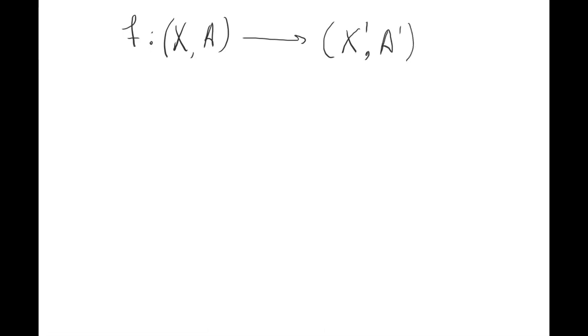Okay, so now we have a map of pairs F from (X, A) to (X prime, A prime), and we know that both restrictions are homotopy equivalences.